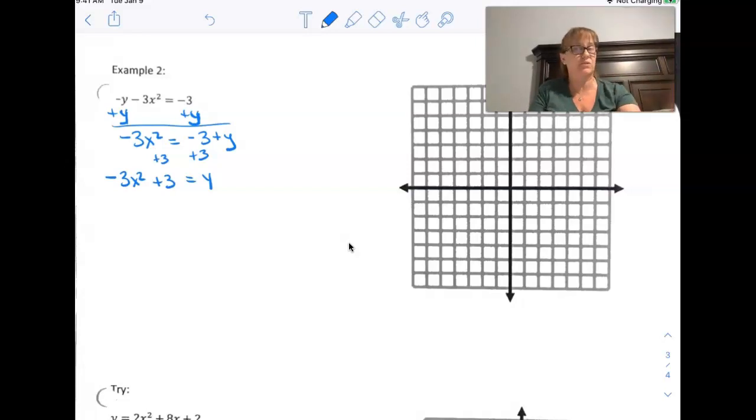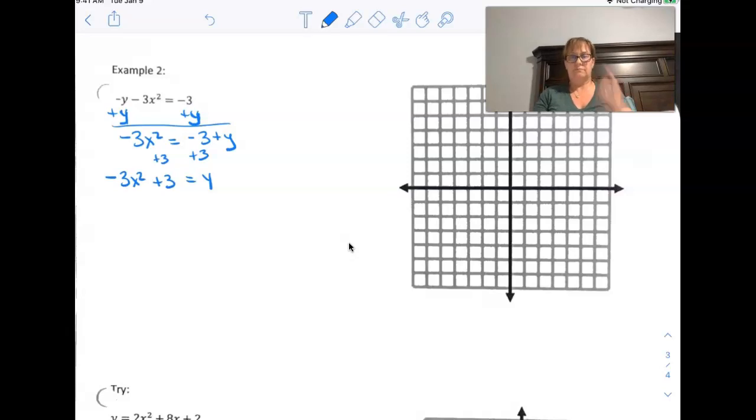You've got ax squared plus bx plus c equals y. You might not see the bx. Because it's not there, that means x is being multiplied by a 0, right? Because when we add 0 to anything, it's like you've done nothing, so you don't have to write it. So this is your standard form.